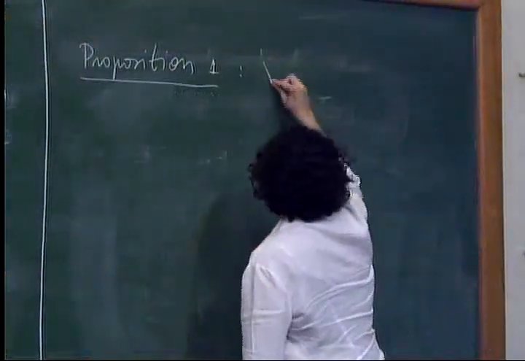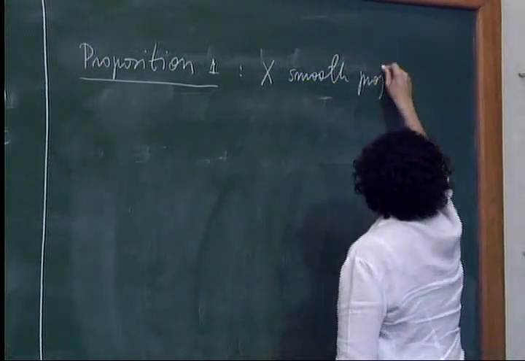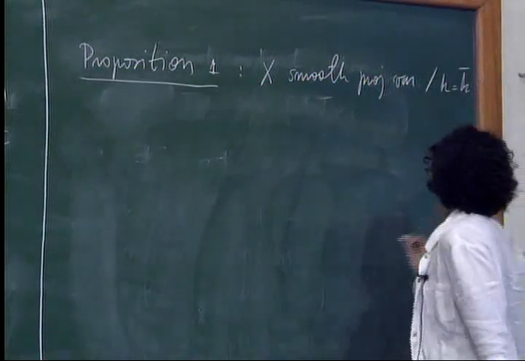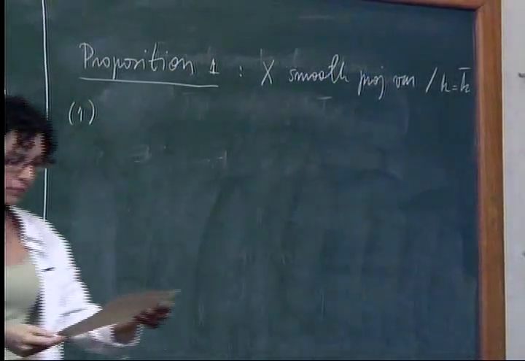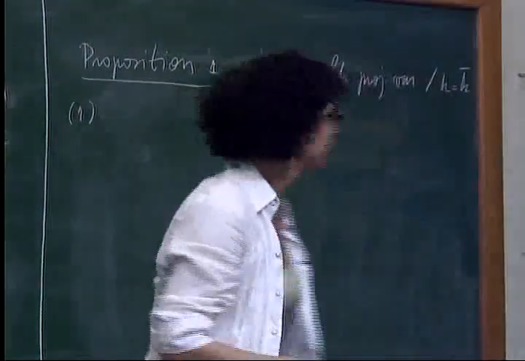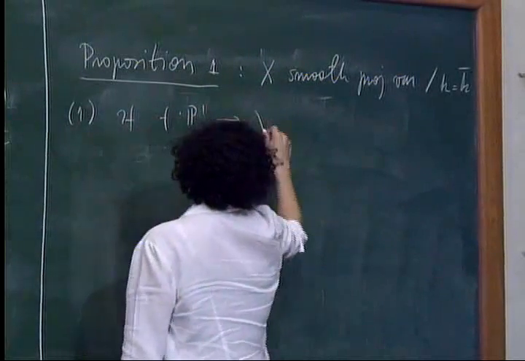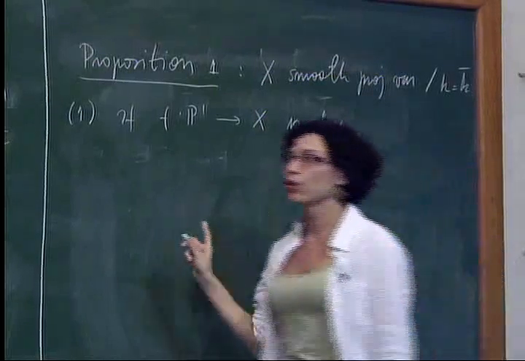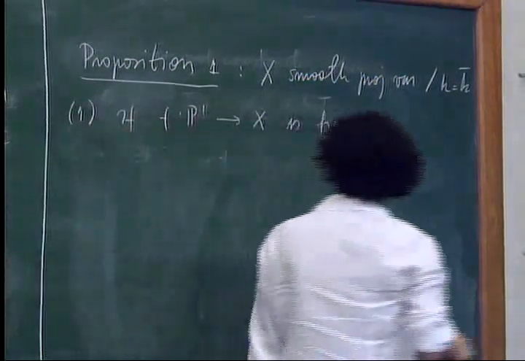We fix X, a smooth projective variety over k, an algebraically closed field. So first, if f from P^1 to X is free, in this case we already know that the space of morphisms is smooth at f, so it is contained in a unique irreducible component.